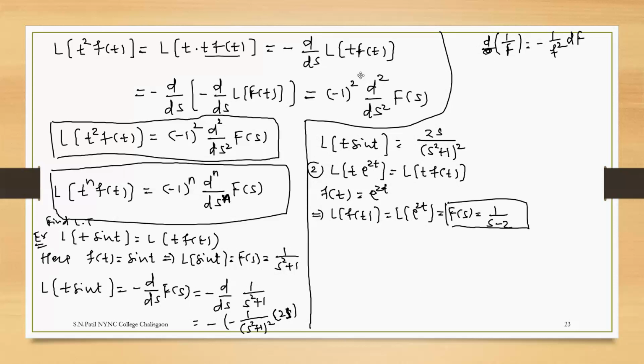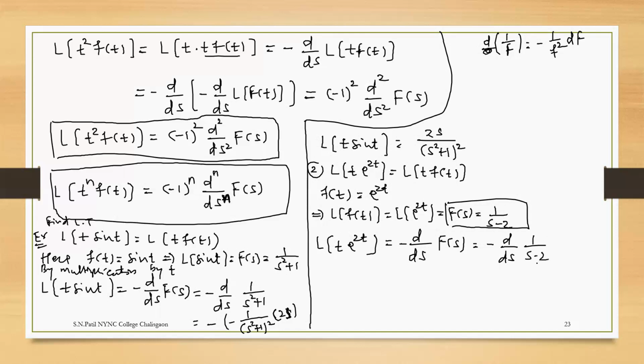Now, by the multiplication by t property, the Laplace transform of t into e raised to 2t is minus d by ds of F of s, which is equal to minus d by ds of 1 upon s minus 2.